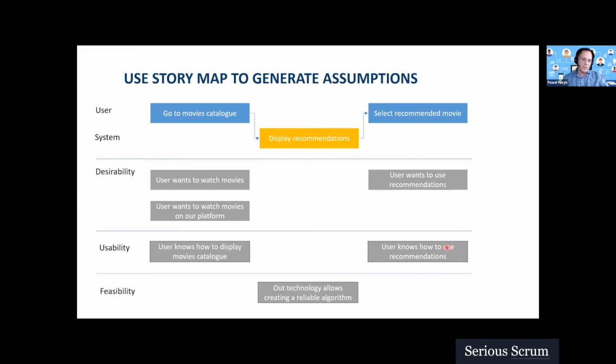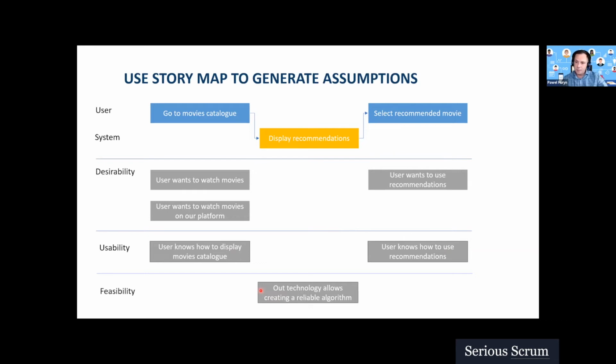And feasibility, typically we will ask if the technology supports our idea, this story map. So in this case, is that our technology allows creating an algorithm that will display high quality movies for the user, and that the performance will be okay, so that the user will not wait, for example, 10 minutes before the content is rendered.